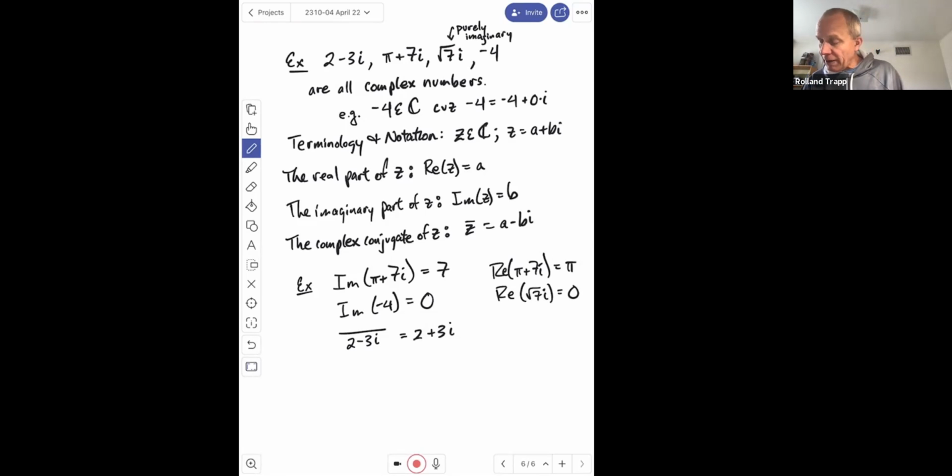Okay. So I'd like to talk about arithmetic with complex numbers. Hopefully you've seen this before, but it doesn't matter if you have or haven't.